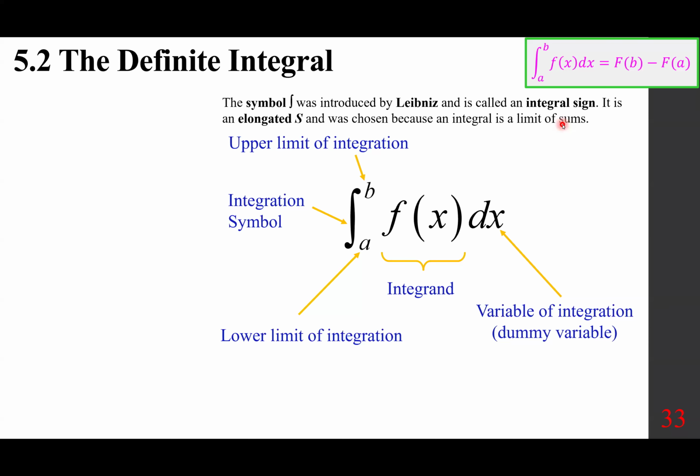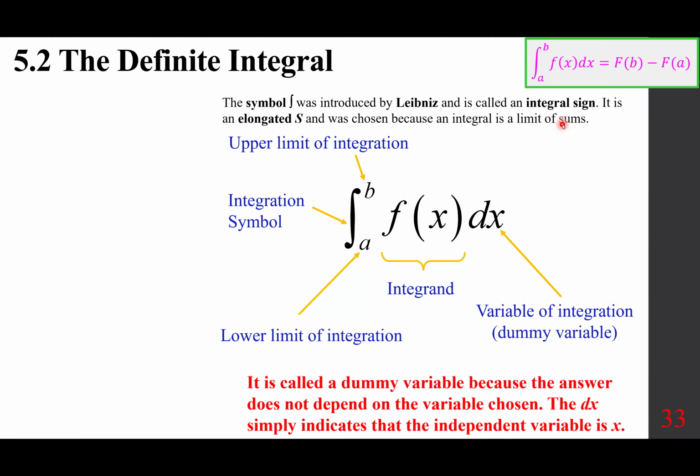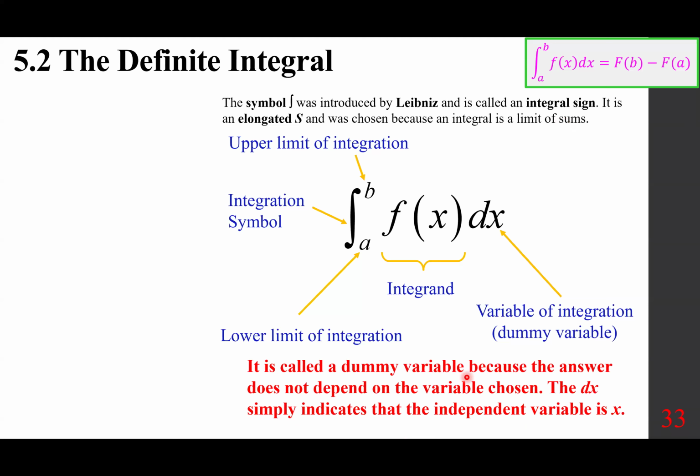Remember that this is a number. It doesn't matter if we have x or t or any other variable. It makes no difference. It results in the same thing. It is called a dummy variable because the answer does not depend on the variable chosen. The dx simply indicates that the independent variable must be x.